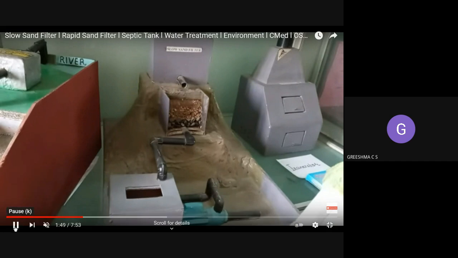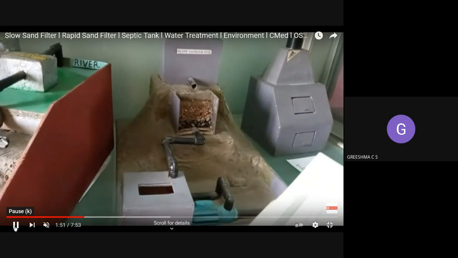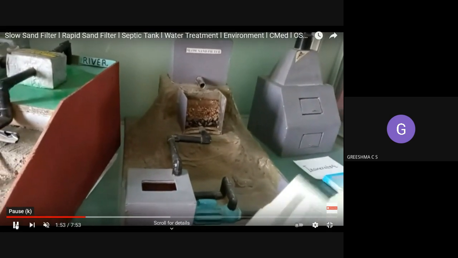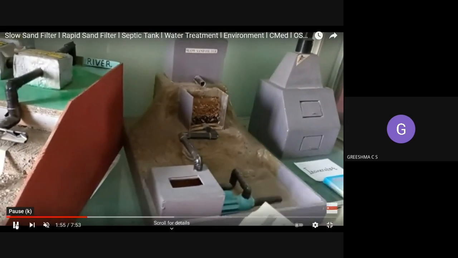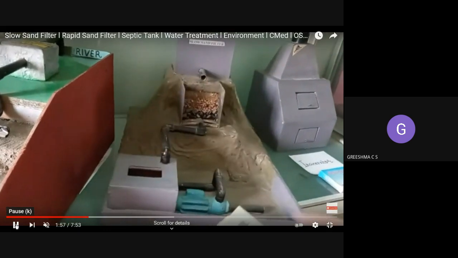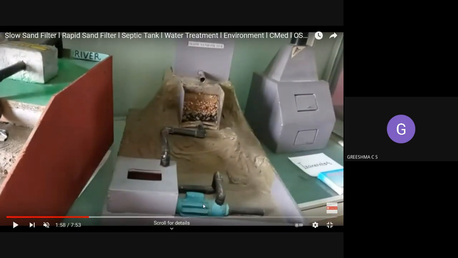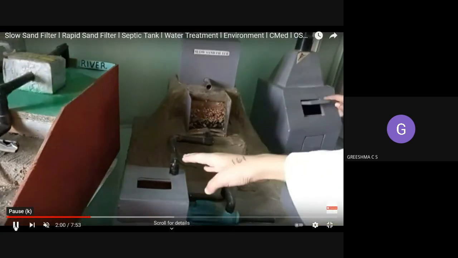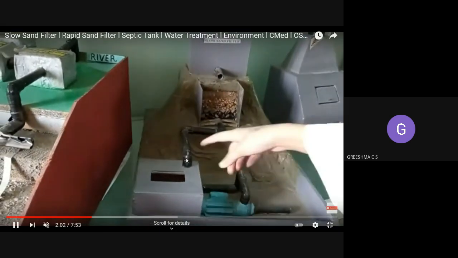So this is a model of a slow sand filters. From here it is applied to the reservoir. It is applied to the consumers. So they are having pump and all other equipments to pump the water. So this is a slow sand filter.